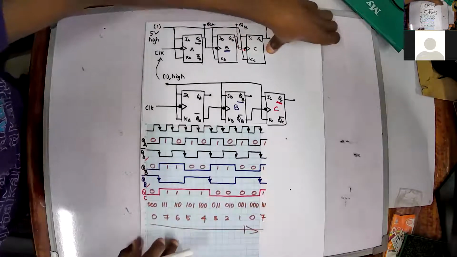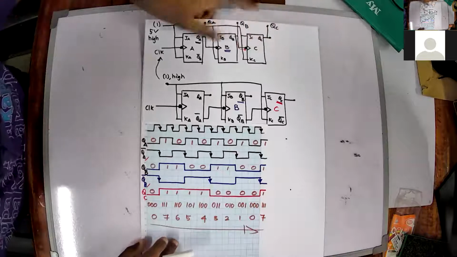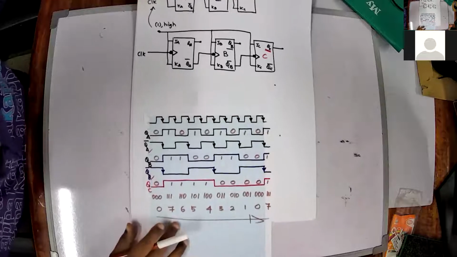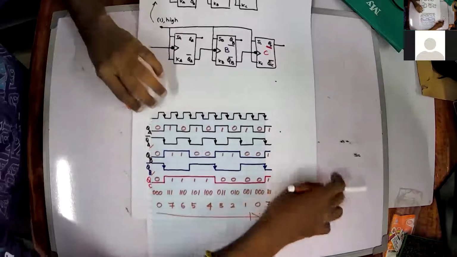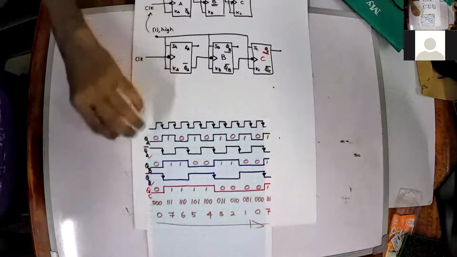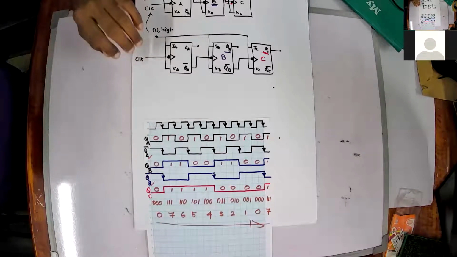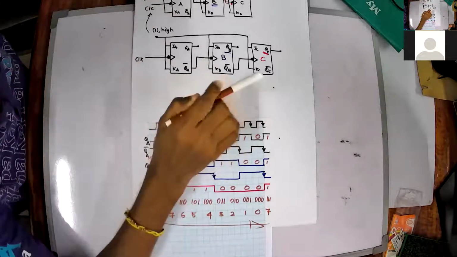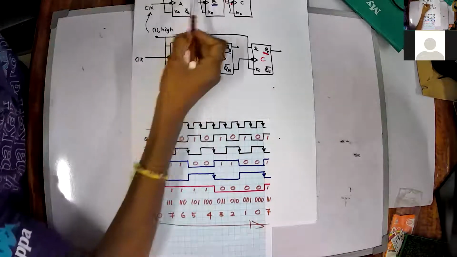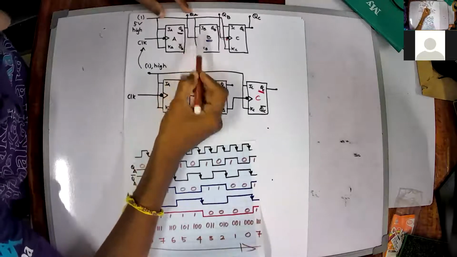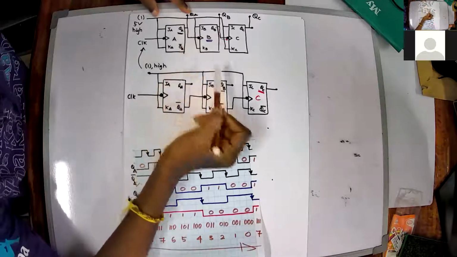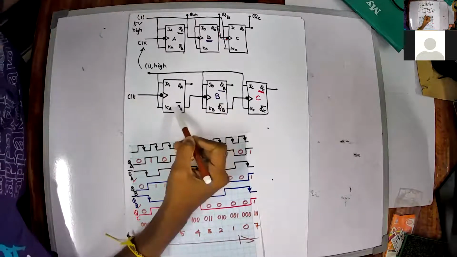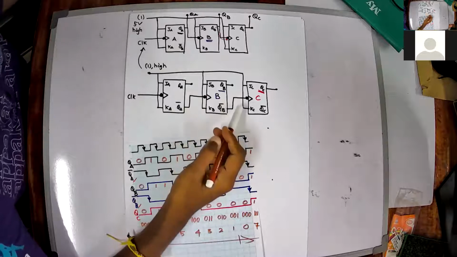Now let's see how we can make both up and down counter in a single circuit, which is called an up and down counter. In simple words, if you want to make an up counter, QA needs to be given to the clock, and if you want to make a down counter, QA bar needs to be given to the clock.